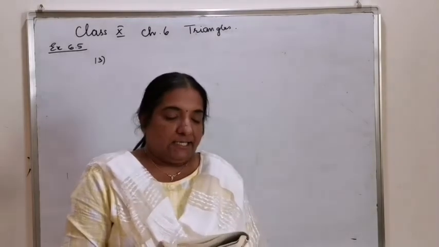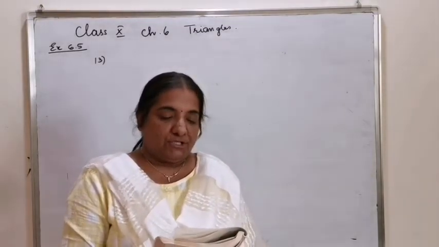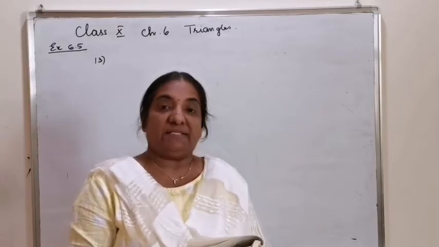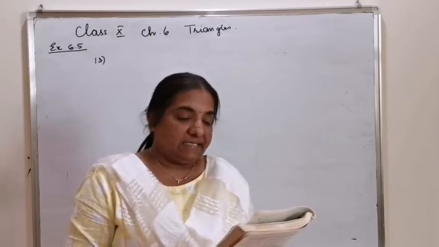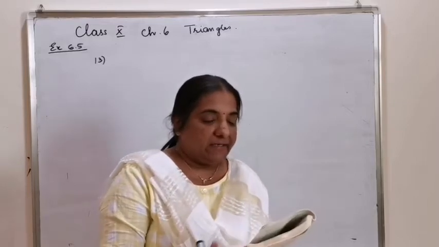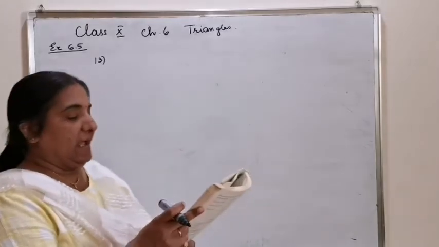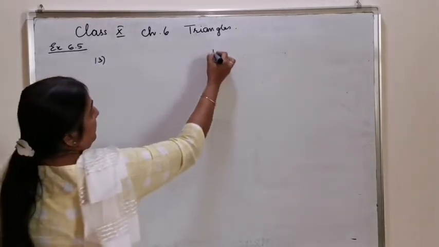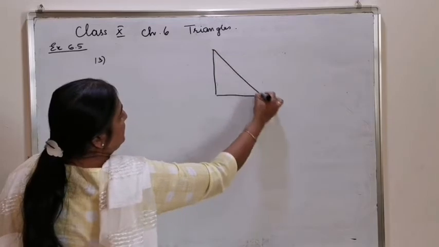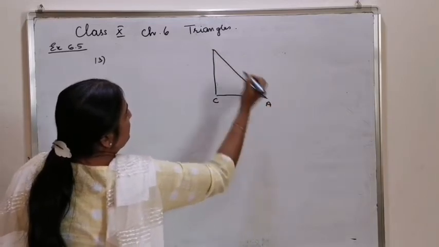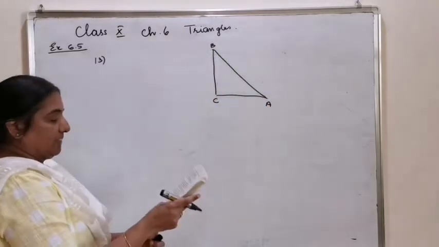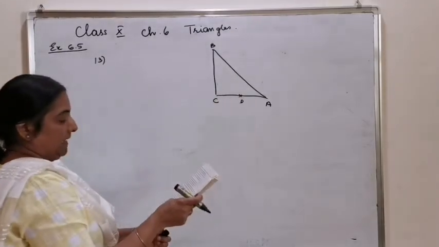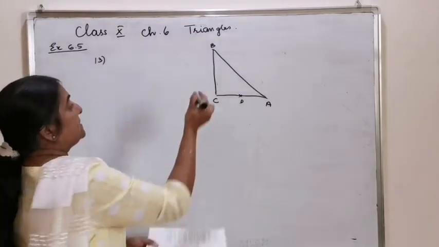Number 13. D and E are points on the sides CA and CB of a triangle ABC, right angled at C. It's clearly given that the triangle is right angled at C, and D lies on CA and E lies on CB.